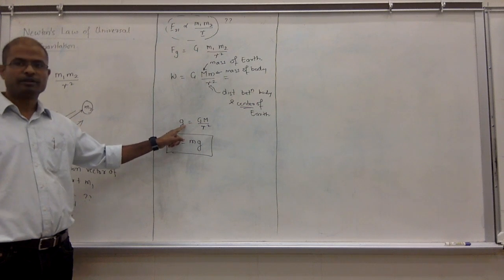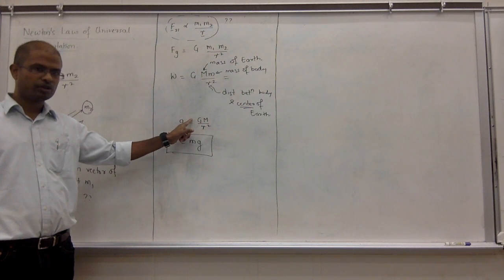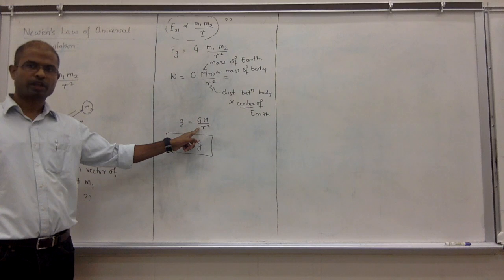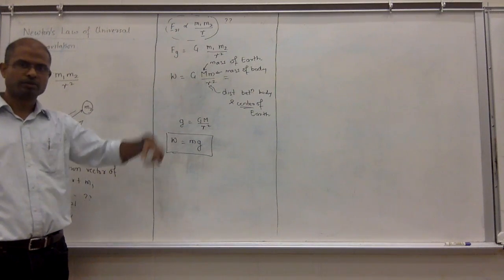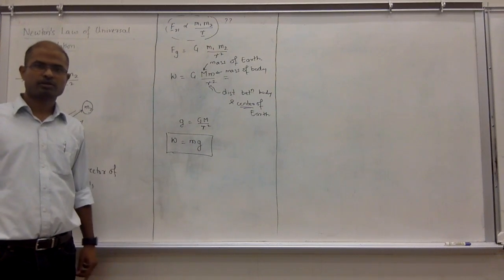This is a constant. Do you realize this is a constant? Mass of Earth is constant. G is constant. This R is also practically constant, assuming your Earth is a perfect sphere.